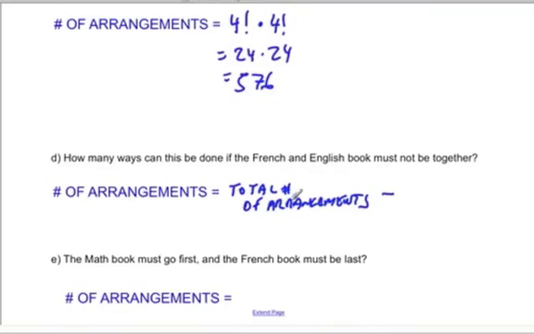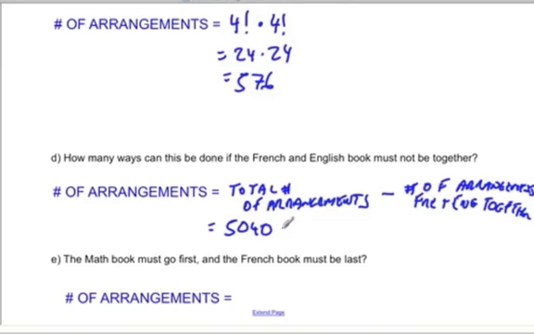It's going to be the total number of arrangements minus the number of arrangements where French and English are together, and that was our answer in B. So our answer in A was 5,040 minus our answer in B, 1,440, which leaves us with a total of 3,600.